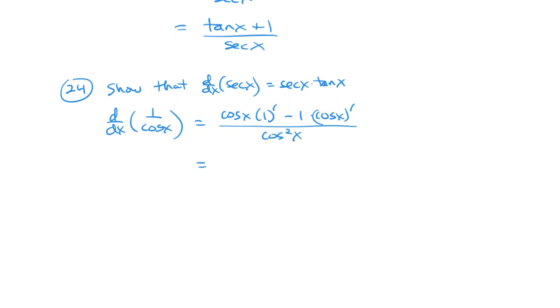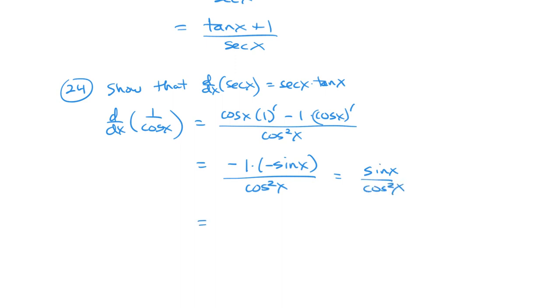Okay, so we figure this out. Well, the derivative of 1 is 0. It's just a constant, so that whole thing is gone, right? Derivative of 1 is 0. So we just get negative 1 times the derivative of cosine, which is negative sine, right? All over the square of cosine squared x. So this is really just sine of x over cosine squared x.